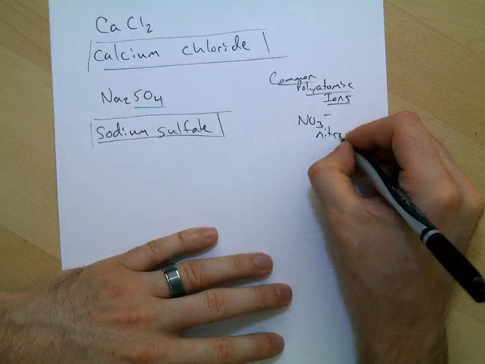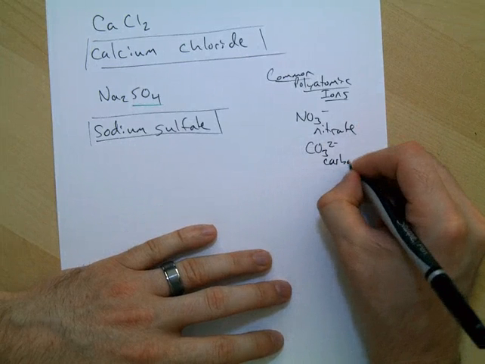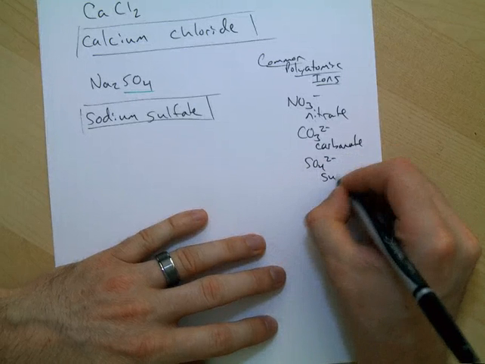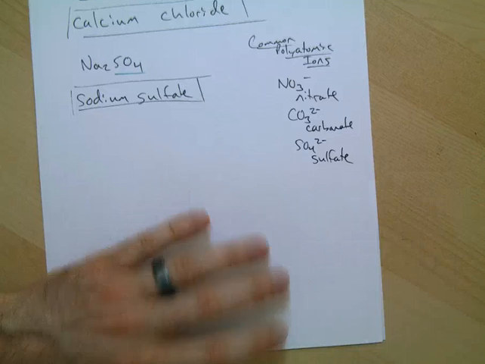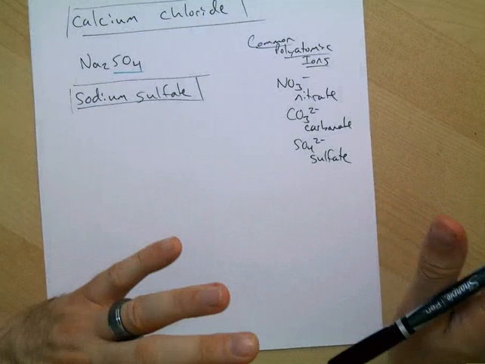NO3- is nitrate. We have CO3 2-, which is common, which is carbonate. We have SO4 2-, which is sulfate, which we've just seen. Those are most of them, believe it or not.